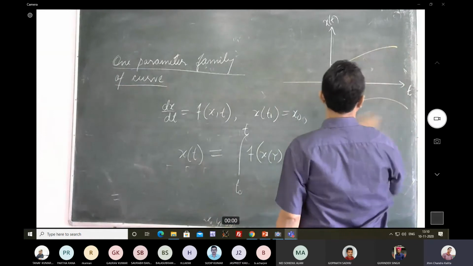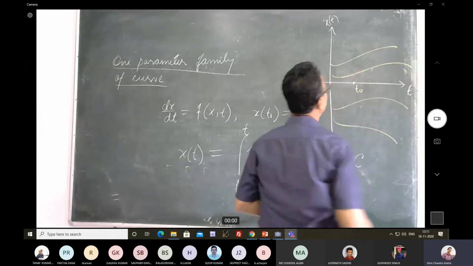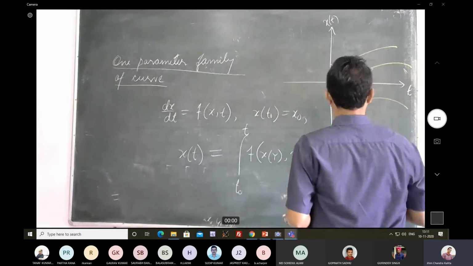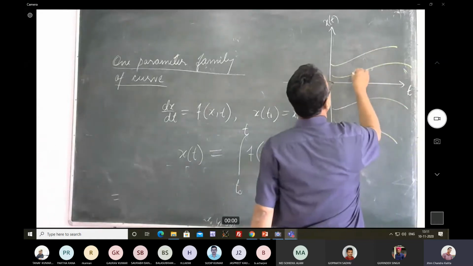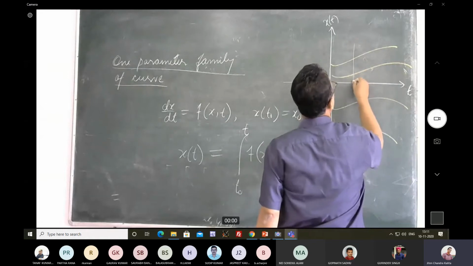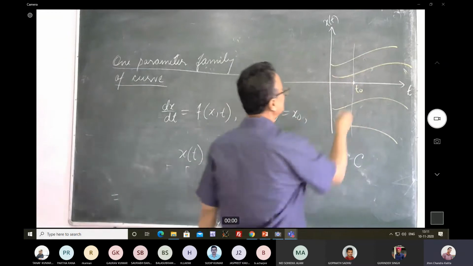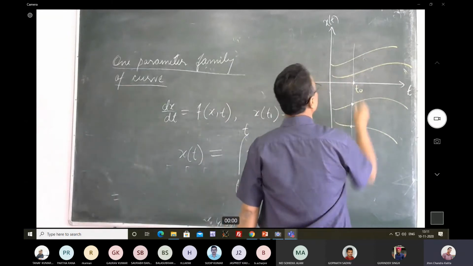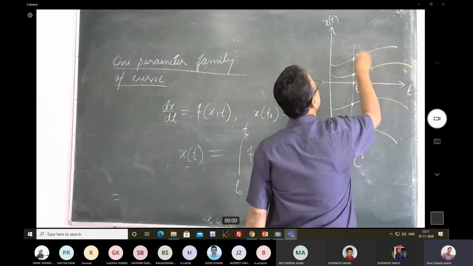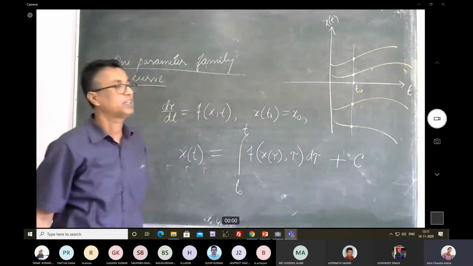Then your solutions may look like this. If you draw a vertical line here, you are going to have different initial conditions over this point. Is it okay with everybody?